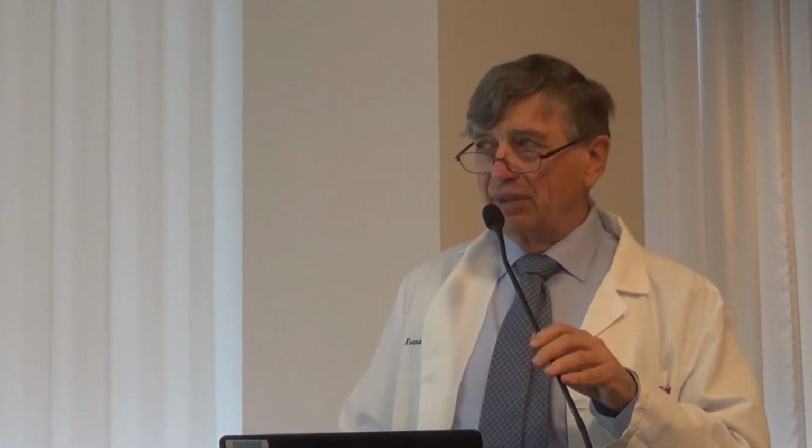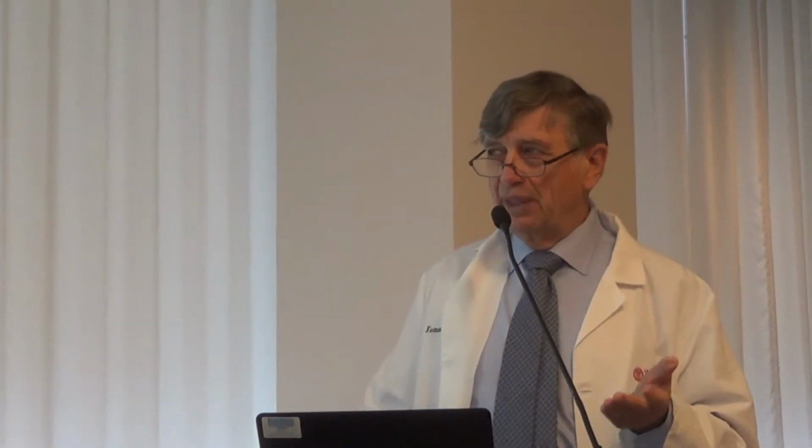Also, some people complain of chronic fatigue or brain fog, but we think that might be due to a lack of regulation of blood flow in the brain because of the neuropathy, because the nerves also control the blood flow and cause vasodilation, vasoconstriction.